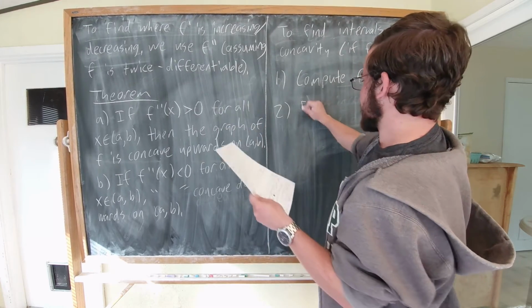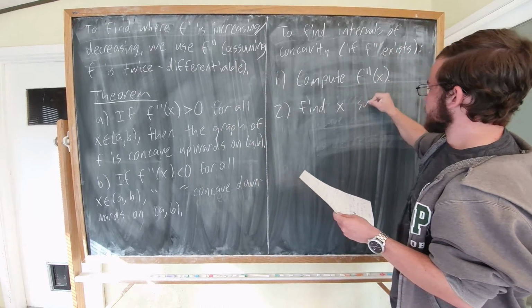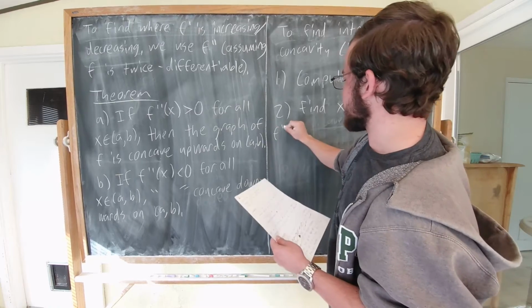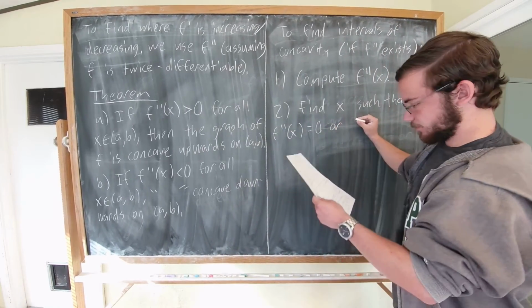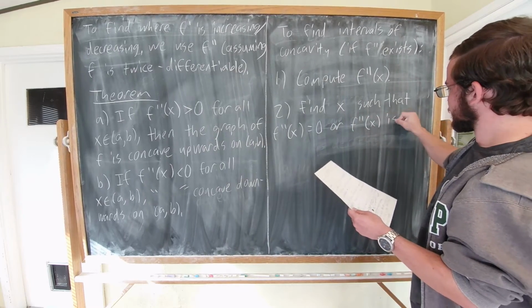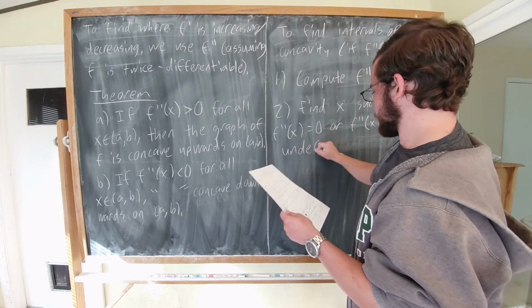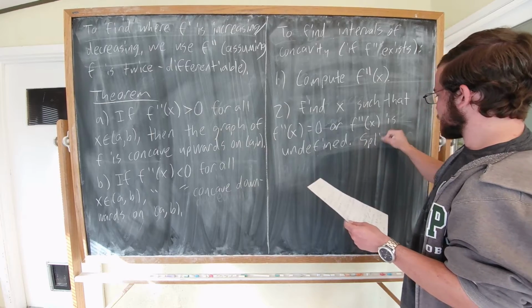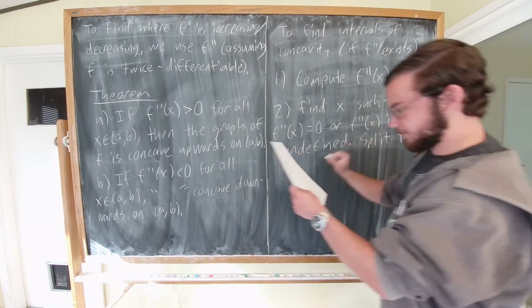So, find x such that f double prime of x is 0 or undefined, and then split the number line into intervals.